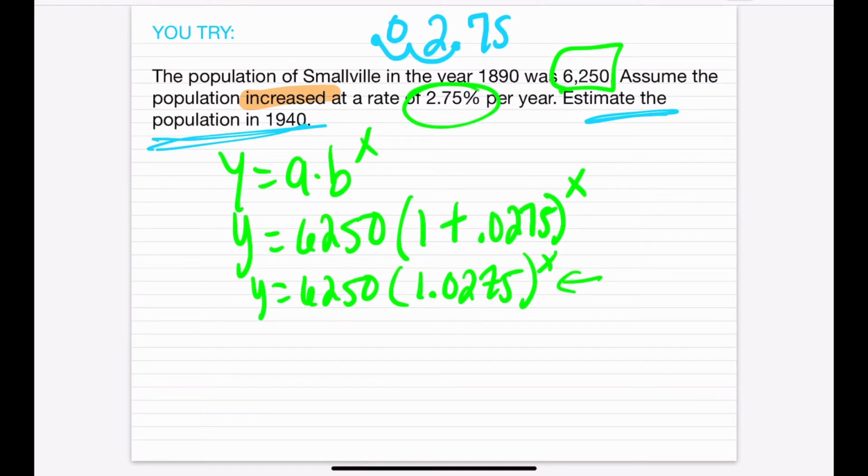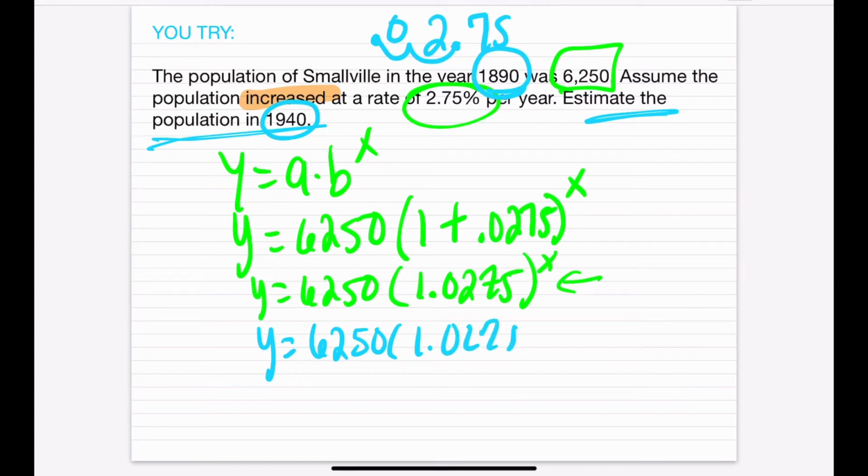Now the initial population was in the year 1890. So we have to find the population 50 years later. In other words, the x value is 50. So y equals 6,250 times 1.0275 to the power of 50. Put that in the calculator, that will be your solution.